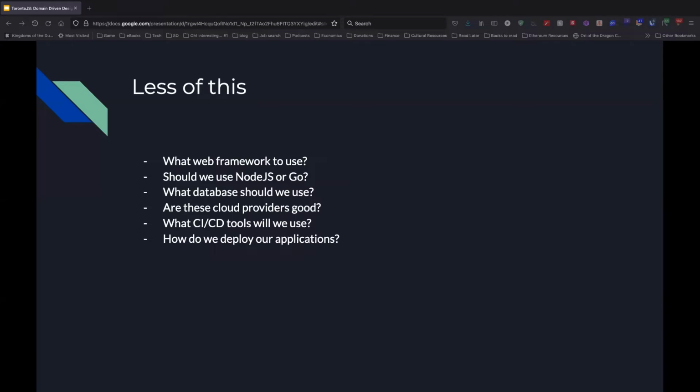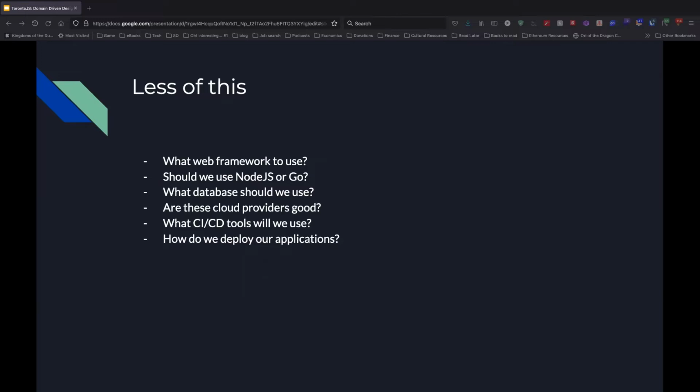In contrast to less of this: what web framework to use? Should we use Node.js or Go? What database should we use? Are these cloud providers good? What CI/CD tools should we use? How do we deploy our applications? Which are all very valid questions to ask. It's just not something that DDD cares about.